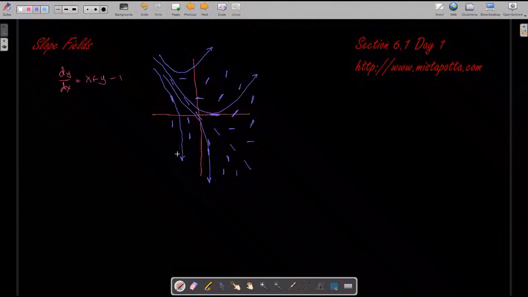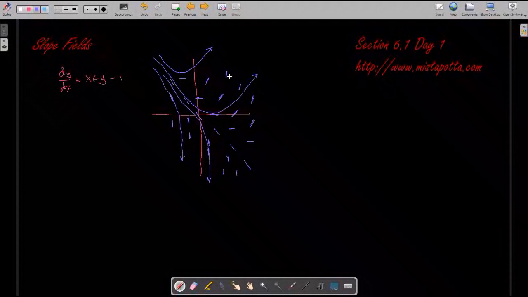So these are what my family of solutions for this differential equation would look like. With what we've learned so far, we have no way of actually solving this, but this does give us a very good idea of what solutions would look like for the very esoteric functions we're dealing with here.